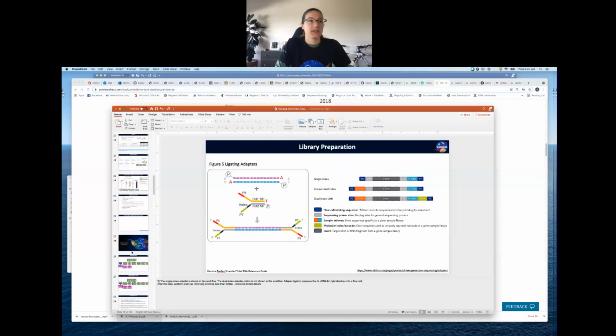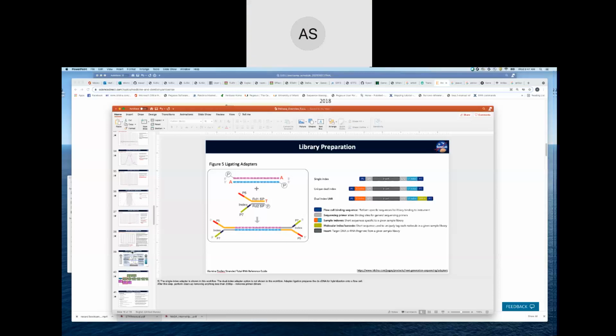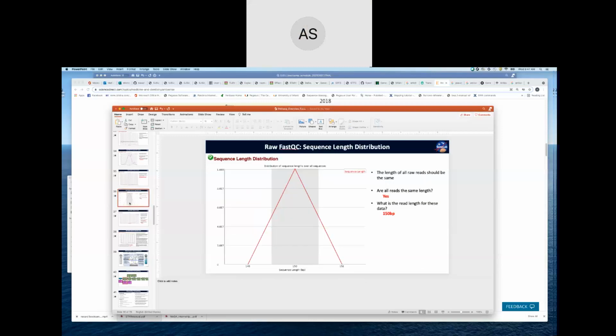Any other questions before we dive into that last slide that we ended with yesterday about any of the material that I covered? Yes, slide 36 on your screen. Sequence length? Yes, it looks like in the end you have 150 plus or minus one base. How is that possible?